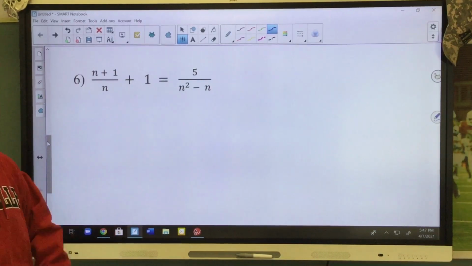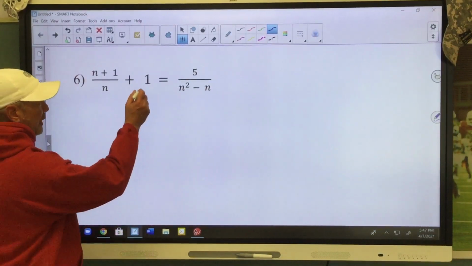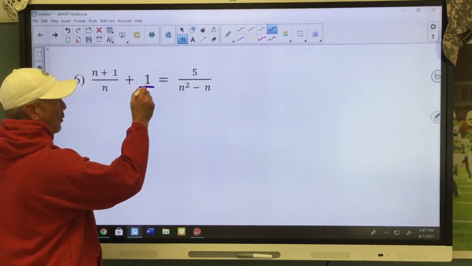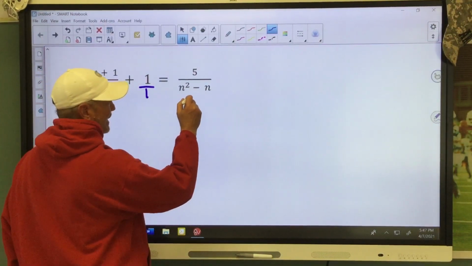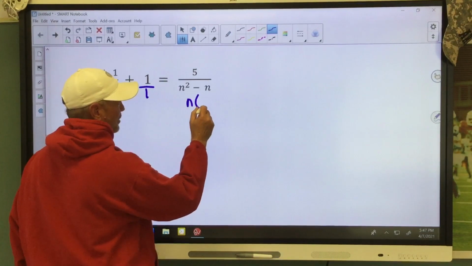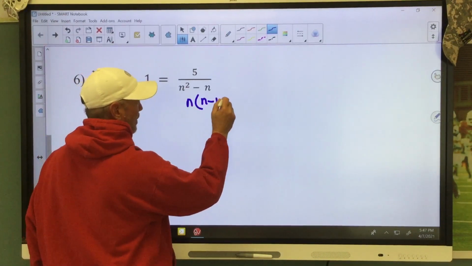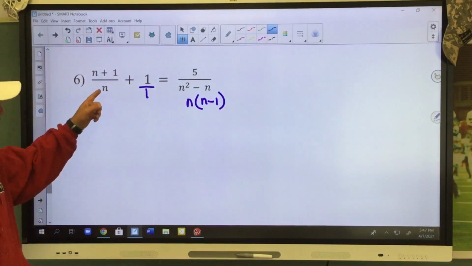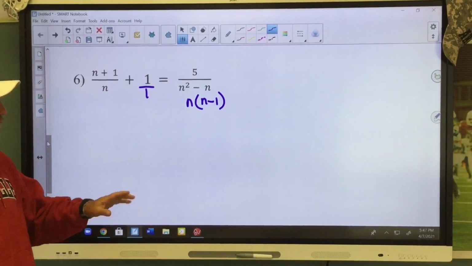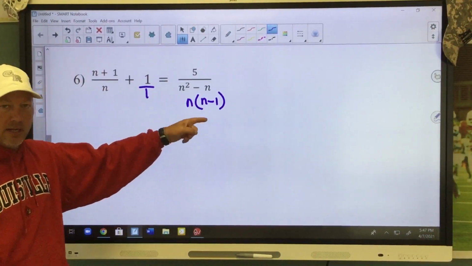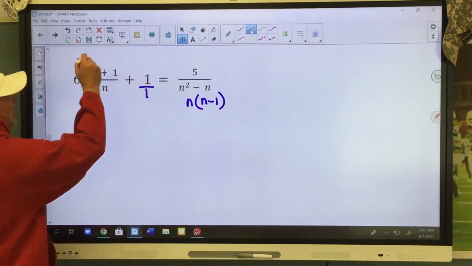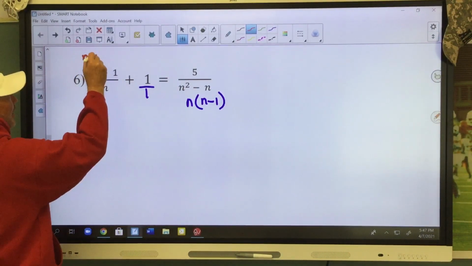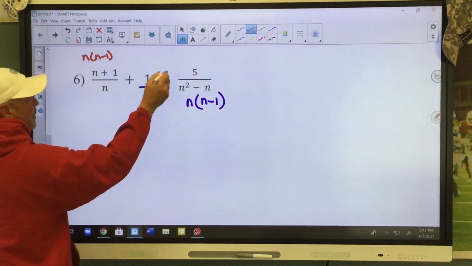All right, so we're gonna factor, okay? We can treat this as 1 over 1 if you want, it's your decision. But we're gonna factor this denominator and we're gonna get n times n minus 1. I have an n by itself on the outside, so it turns out that this is my common denominator. I will multiply everybody times n minus 1.